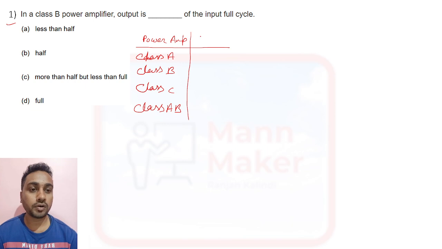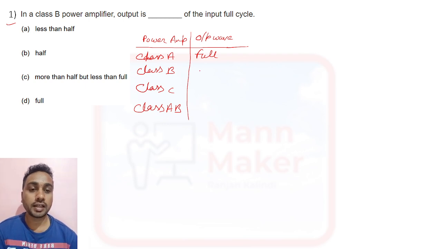If we talk about the output waveform, in a class A amplifier the output waveform will be the full input cycle.